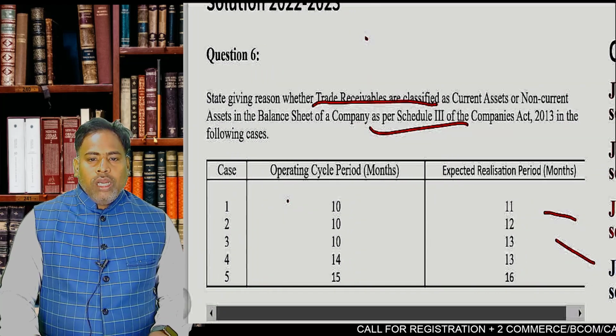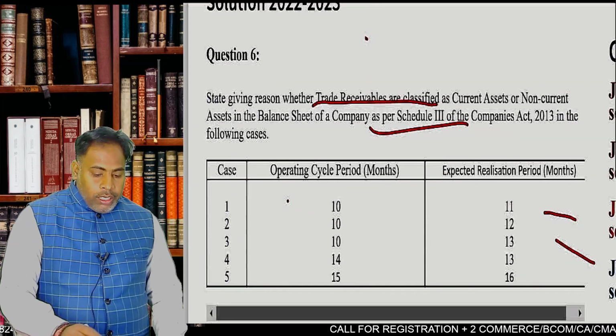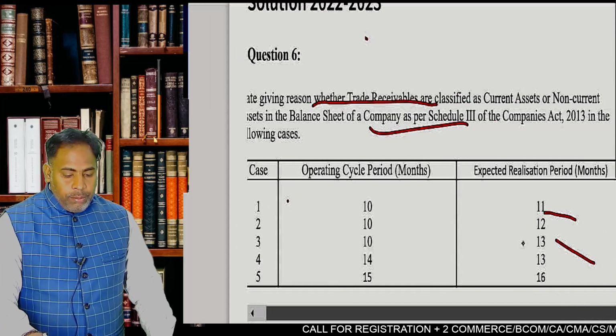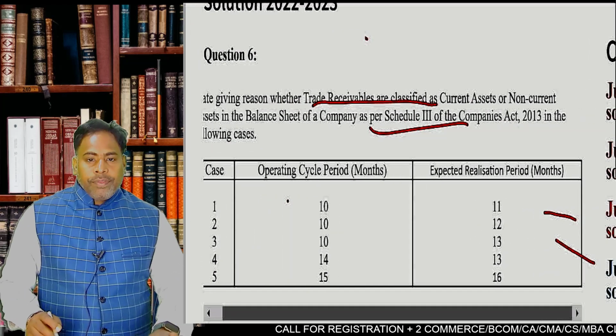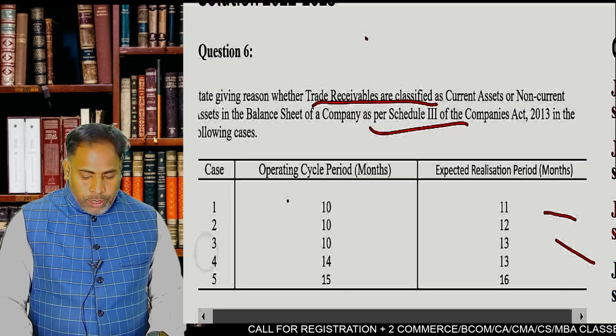First, the operating cycle period for each case is given.